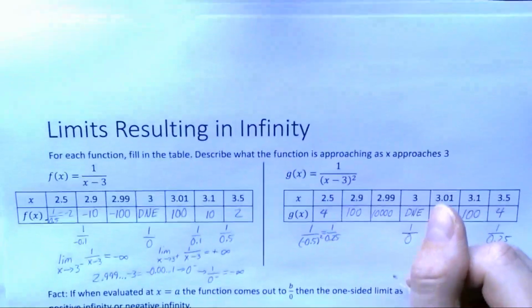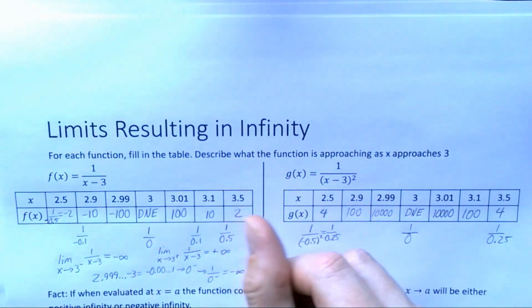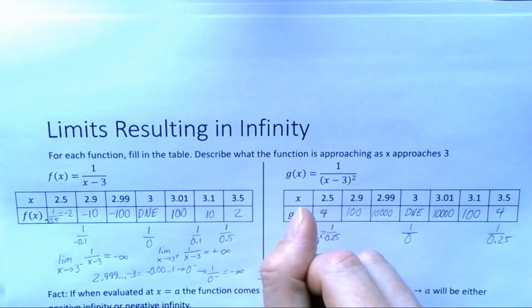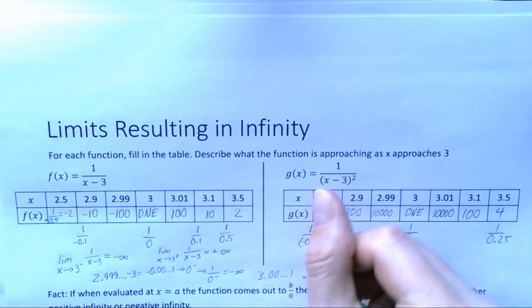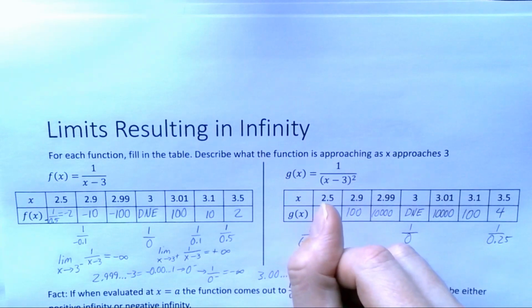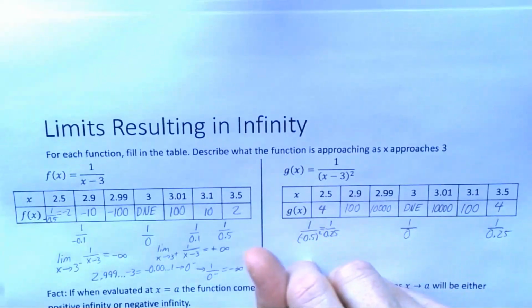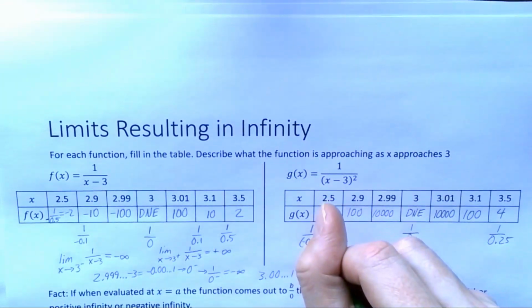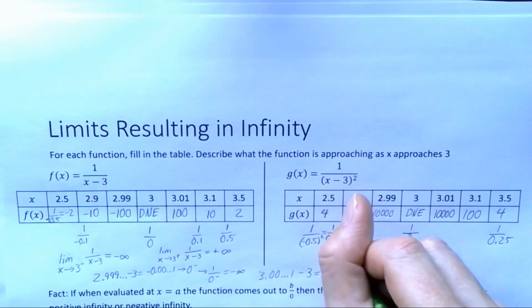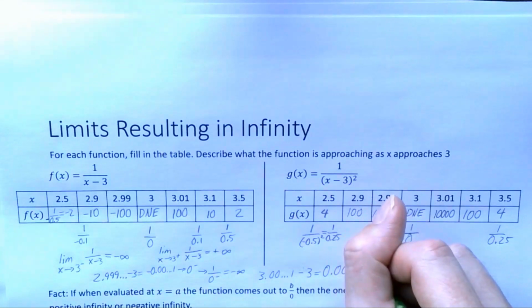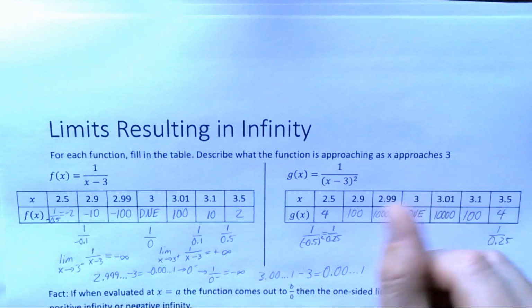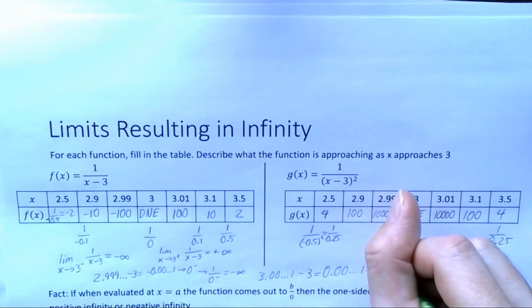And similarly, we can define 3.00... going on forever, 1, minus 3 being equal to 0.00... going on forever and then 1, which is just slightly positive even though it's almost equal to 0, and so we call this 0 with a plus sign.